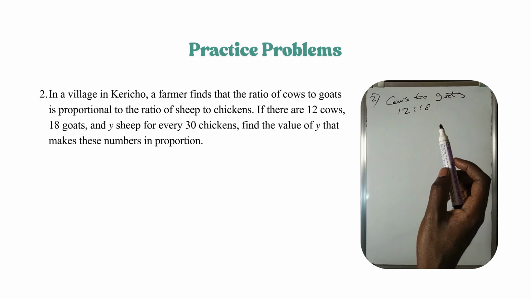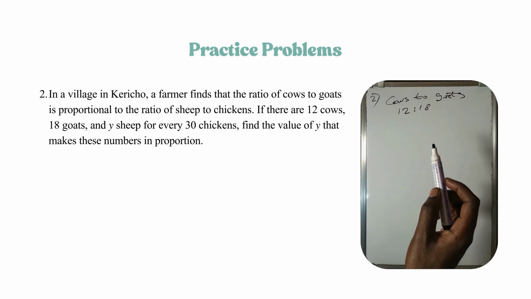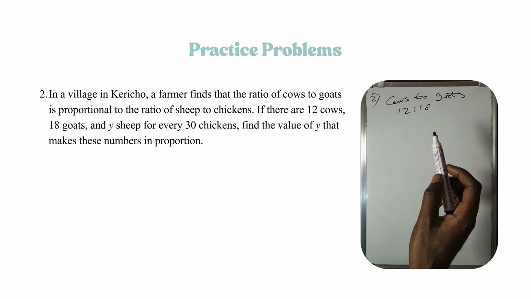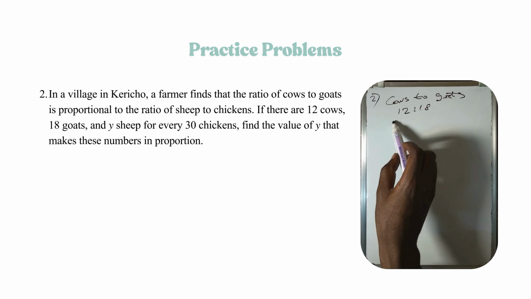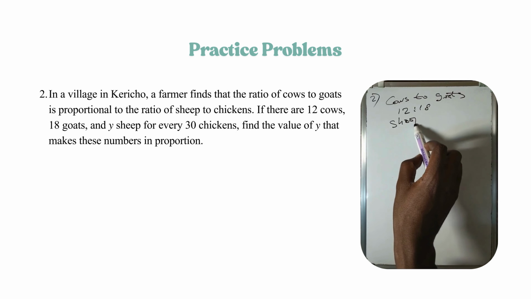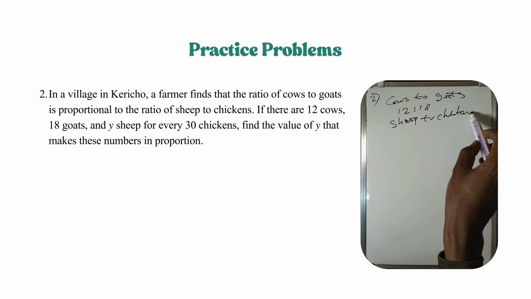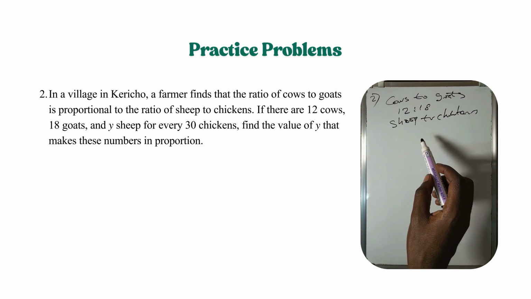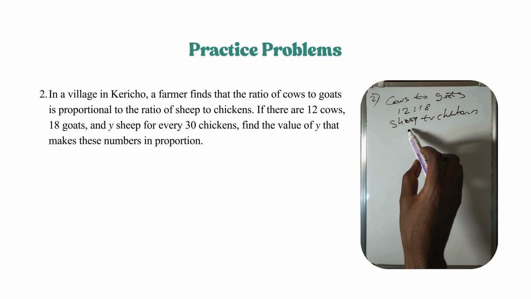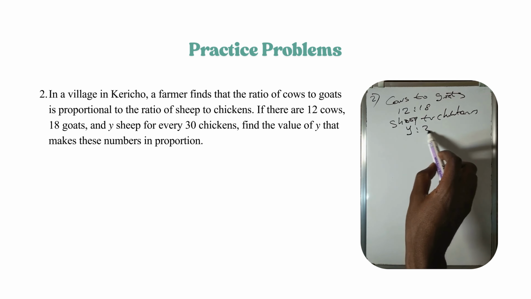And then for Y sheep for every 30 chickens, we have sheep to chickens. That is Y to 30. That is the ratio of Y to 30.